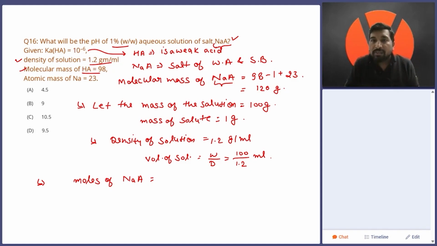The mass of the substance is 1 gram of solute, and the molar mass of NaA is 120. So what is the definition of molarity? Molarity is moles of solute divided by volume of solution in ml, multiplied by 1000.